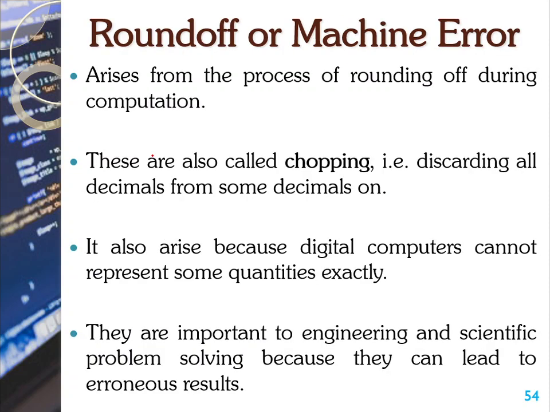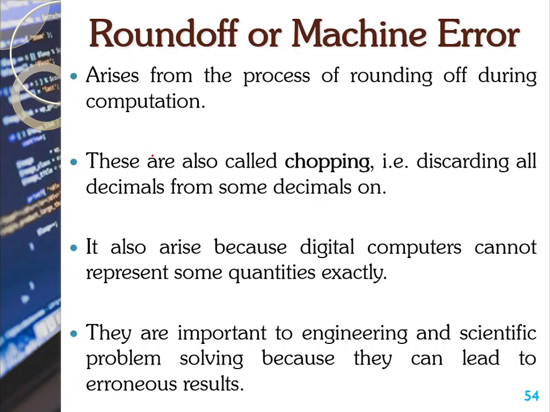So as we start from the sources of error, the roundoff, which is also known as machine error, is the process of rounding off computations, values and numbers. In effect, this type of error could be termed as chopping. That is when we discard some number of decimal places from a certain point.